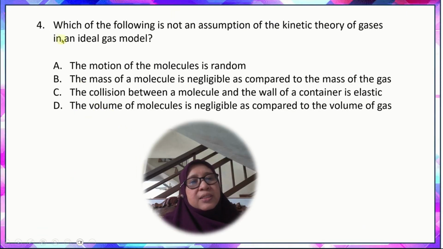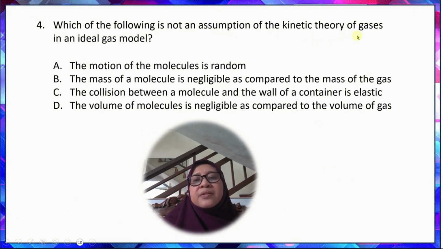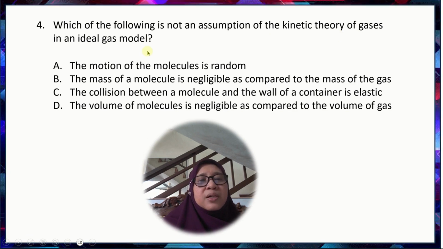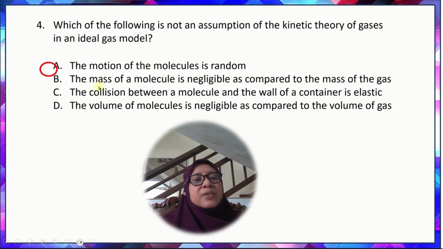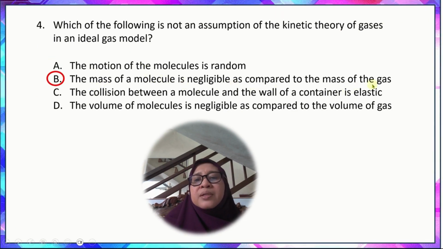Okay, next question. Which of the following is not an assumption of the kinetic theory of gases in an ideal gas model? Okay, so the answer is B: the mass of a molecule is negligible as compared to the mass of the gas.